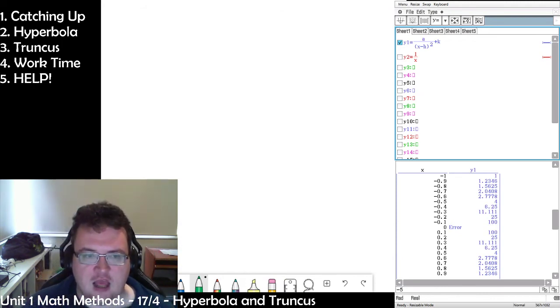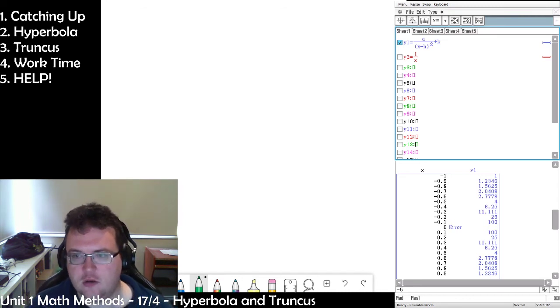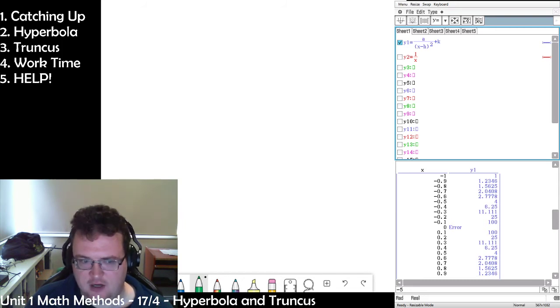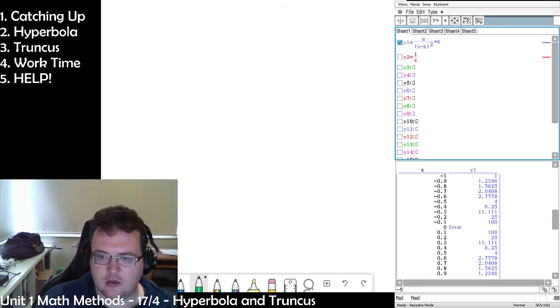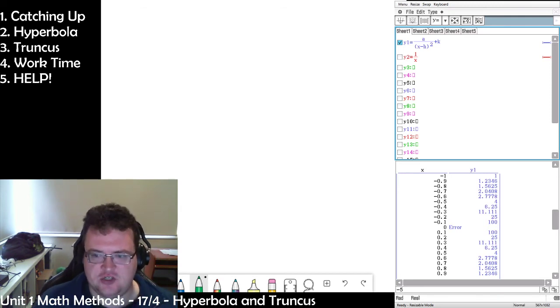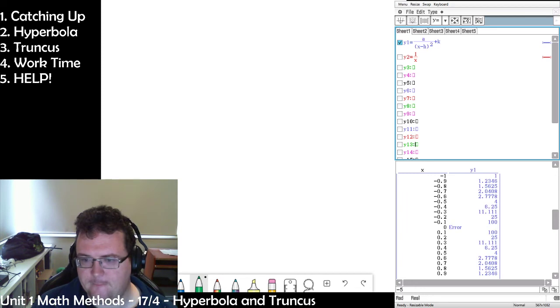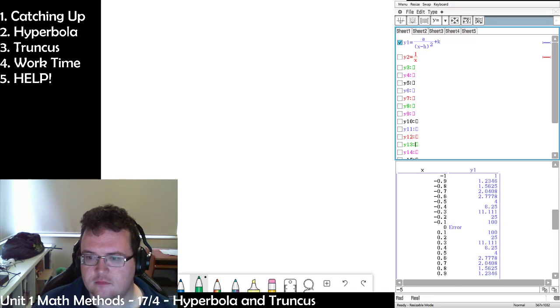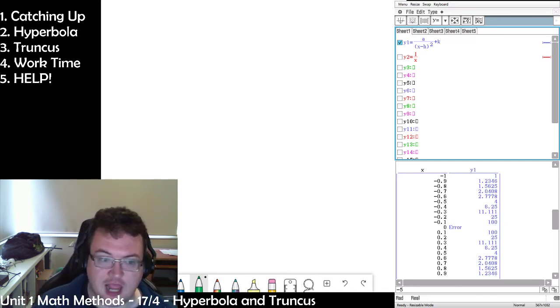If I have moved my truncus around, for example, if I have moved the bottom asymptote down, does anyone want to take a guess at how many intercepts I'm going to start having? I've moved the graph down and to the left. How many intercepts do I now have? Not necessarily x or y.